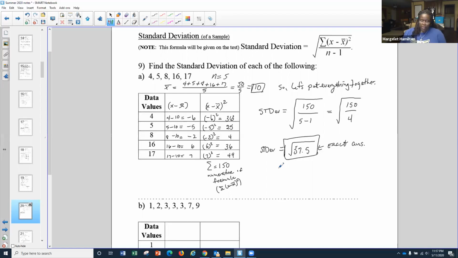All right, so then you push enter and you get this funky decimal, and your funky decimal should be starting off with a 6.